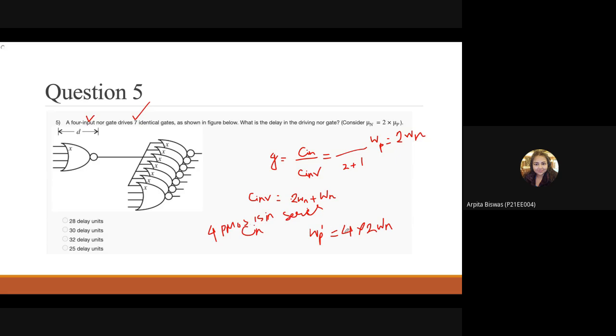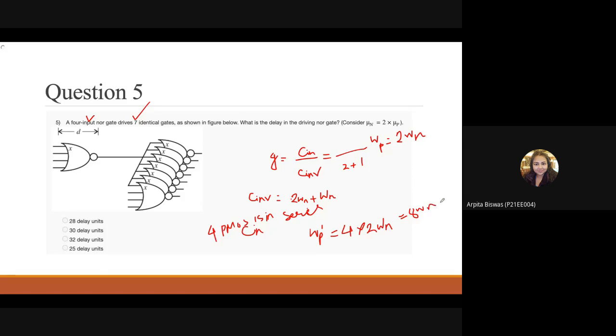So WP is equal to four inputs multiplied with twice of WN, because this part is given like mu n equal to twice of mu p. So it is 8 WN.